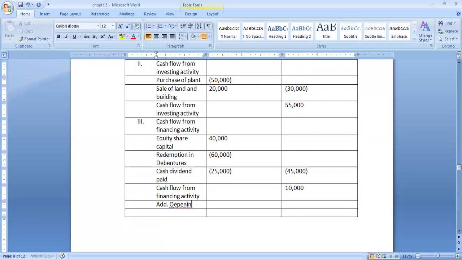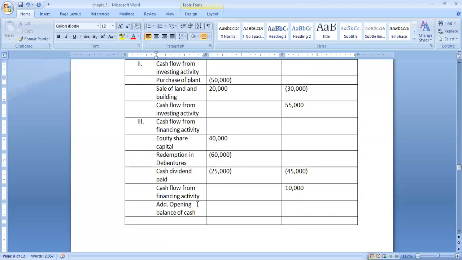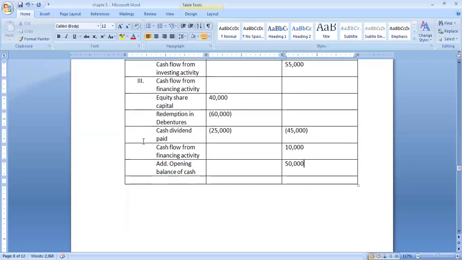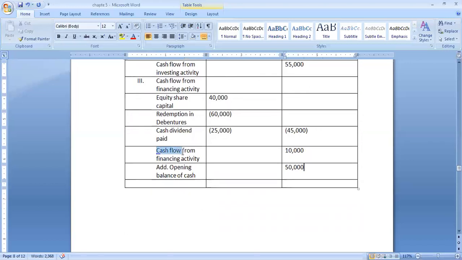So now add the opening balance of cash. So what is the opening value which is given in the question? It is 50,000. It is added back to the 10,000. So this is very much important. Cash flow from financing activity.